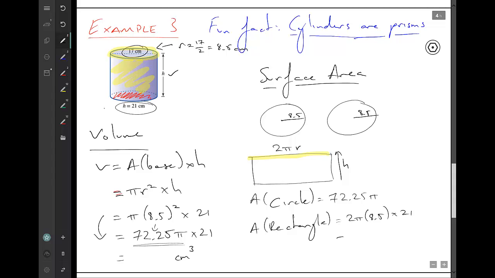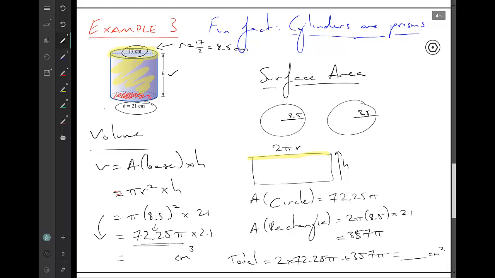And so for this one we get 357 pi, I believe. But again, check with your calculator. And so the total is 2 times 72.25 pi plus 357 pi, and so the answer is going to be something centimeters squared. Just do that on your own calculator.